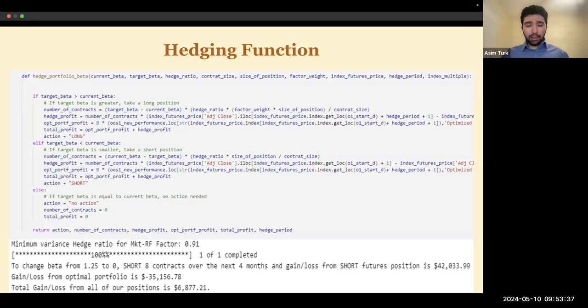So it's great. For this example, we have a positive return. The positive return is because our portfolio did better compared to the market.